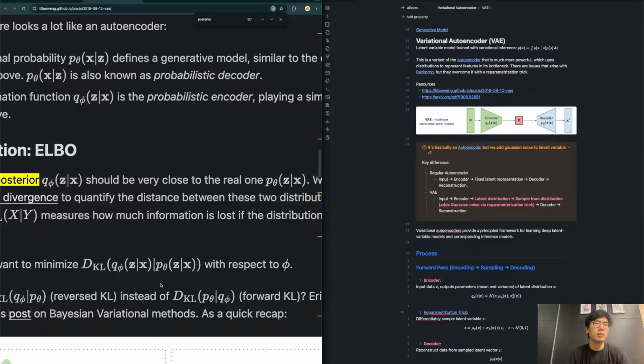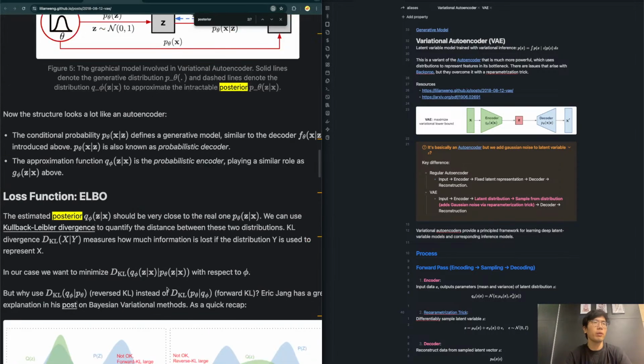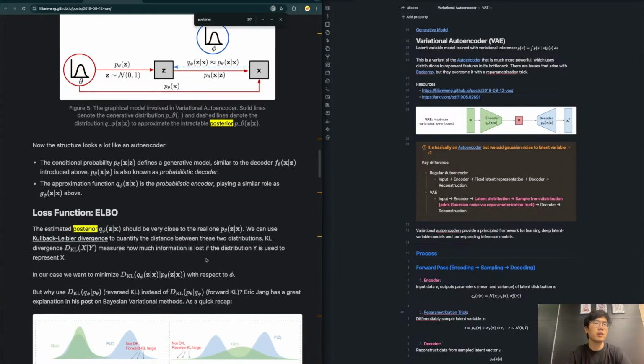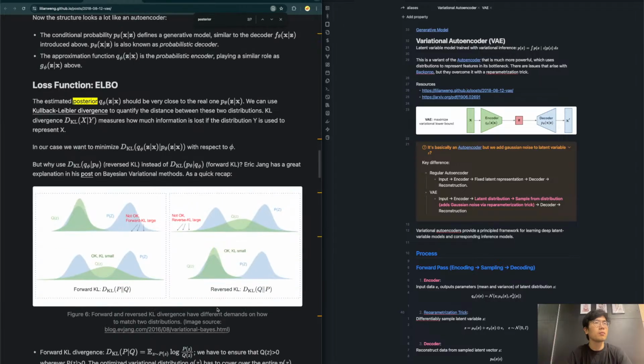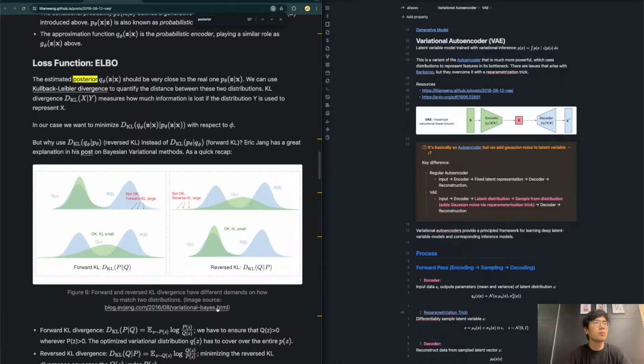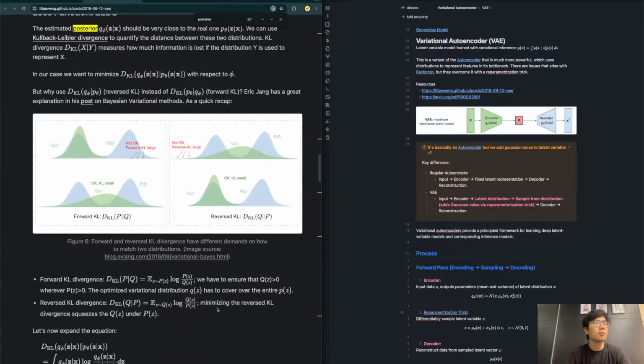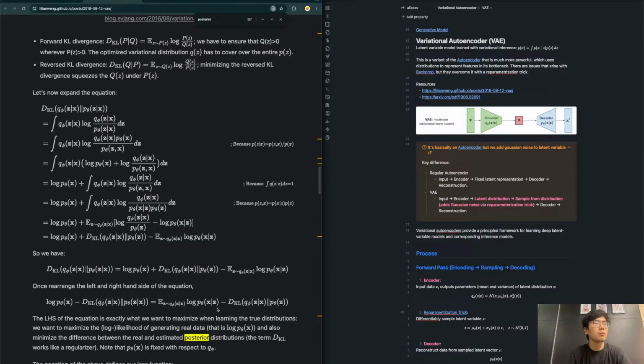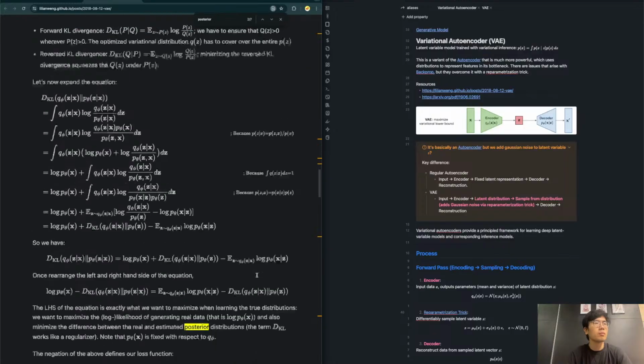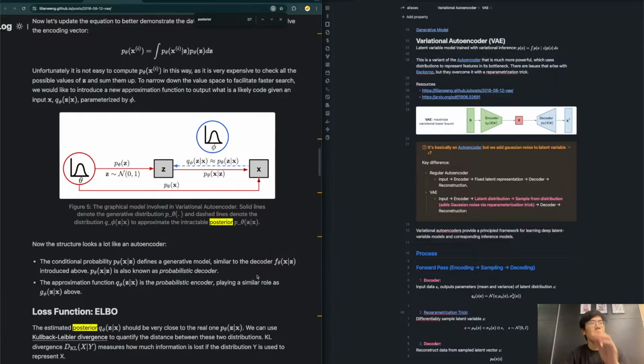Right, because the generator is p of x given z, but we want to minimize p of x given z, so I guess we can use, what, Bayes' rule? So we sample, one of them is the sample z.